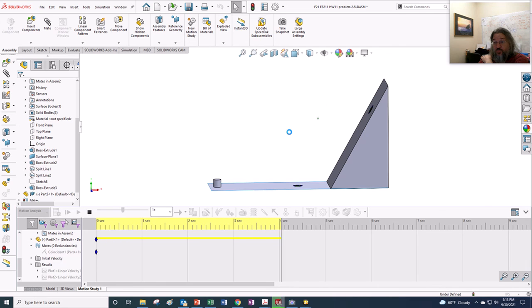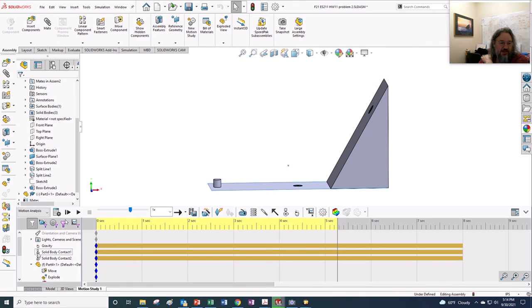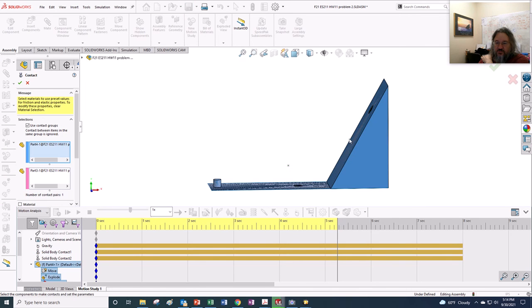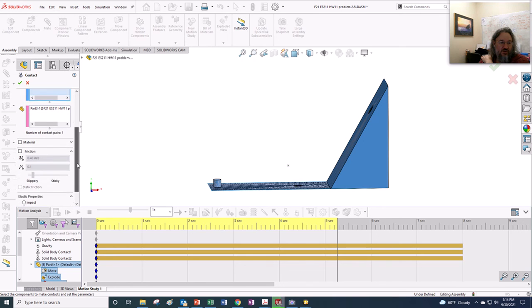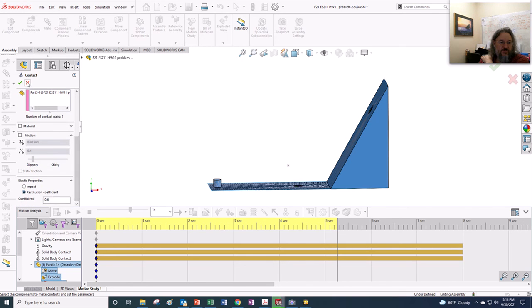It's a simple problem, really, but it's kind of surprising. One other thing it has to do that's really weak at is the interaction between two bodies. That was the contact thing right here, and I made a separate one right here. Here's the initial contact between the ball and this part, and that's where I put the coefficient of restitution.